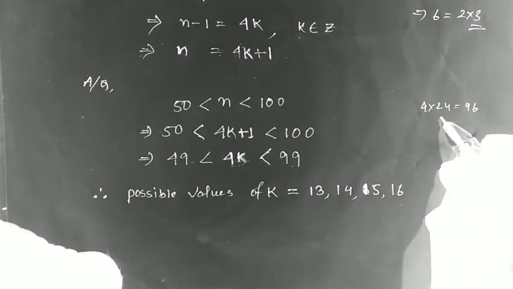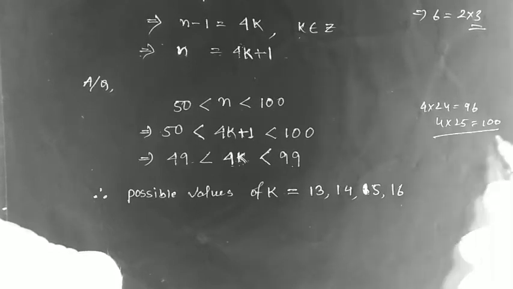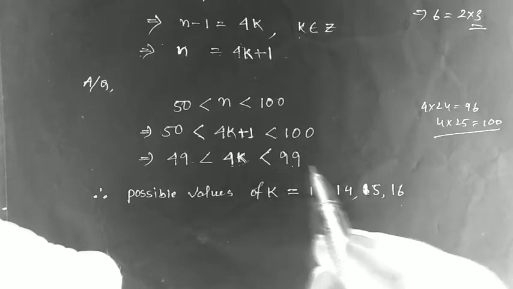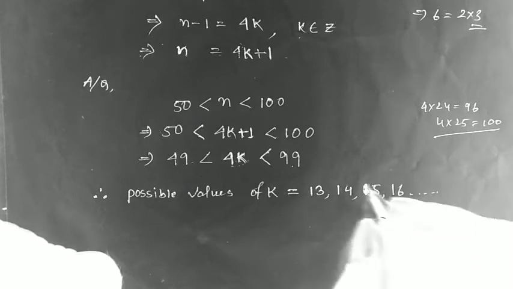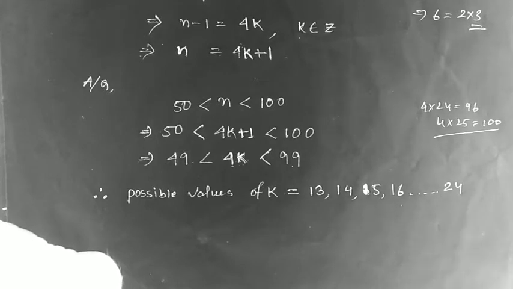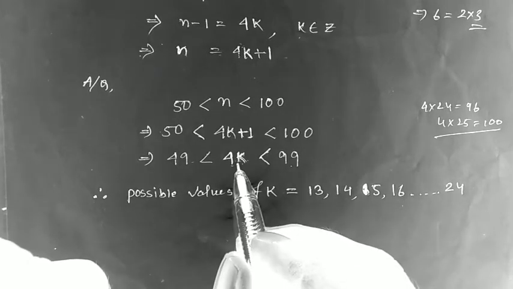But if we put 25, 4 25s are 100, which is not satisfying the condition here. That means in this way 13, 14, 15, 16, 17, 18, 19, and the last value will be 24. That means 13 to 24, all values are the possible values for k.